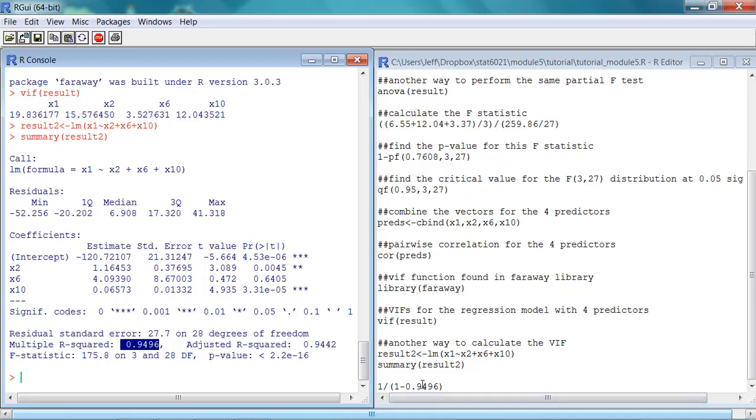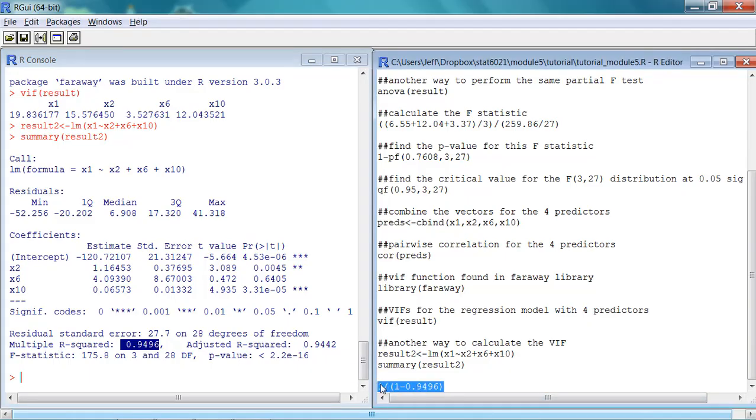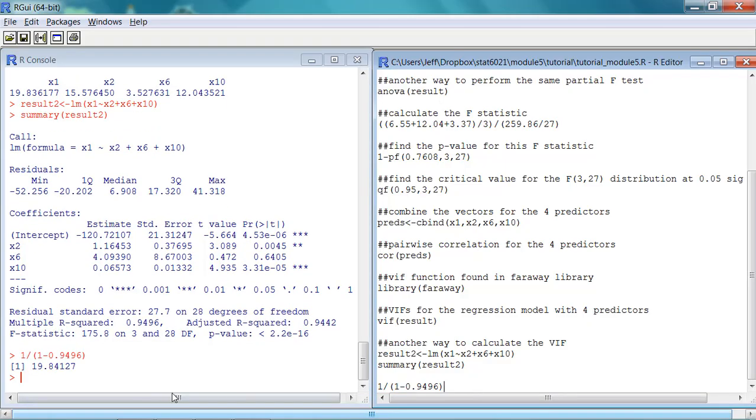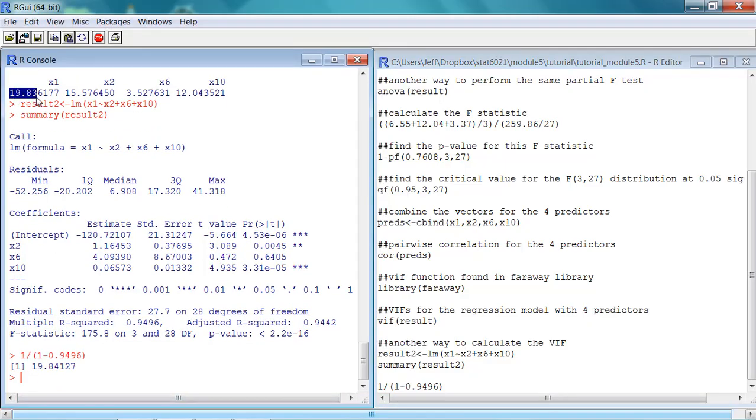If I take 1 divided by 1 minus the R square of this regression model, the result will be the same as the VIF for this predictor. Let me just run this line of code. 19.8. Again, maybe some rounding off issues, but theoretically these values will be the same.